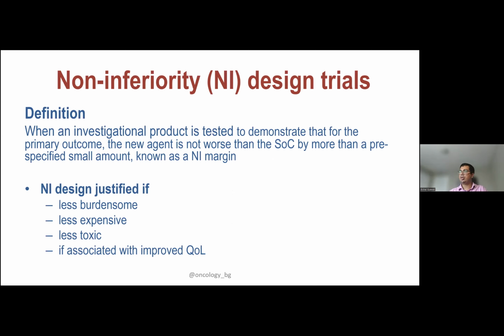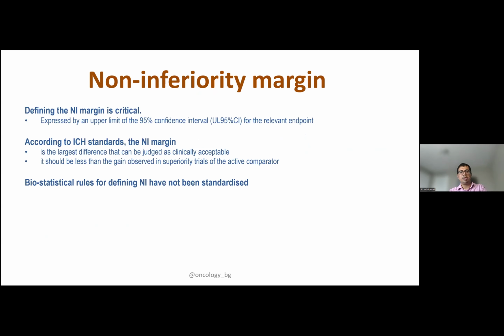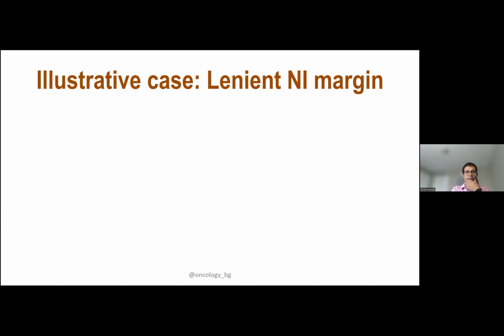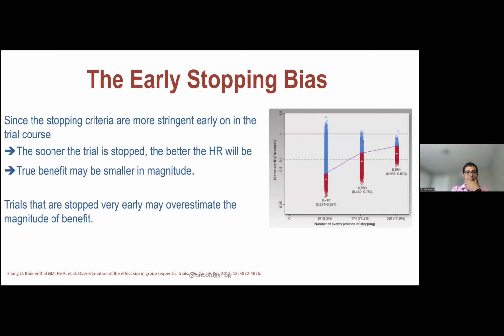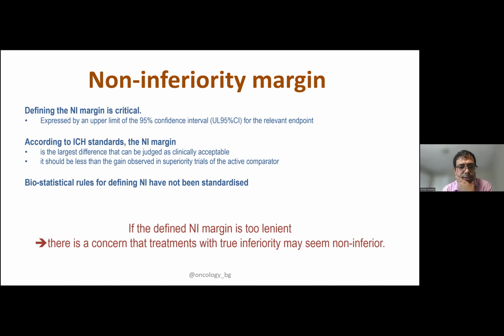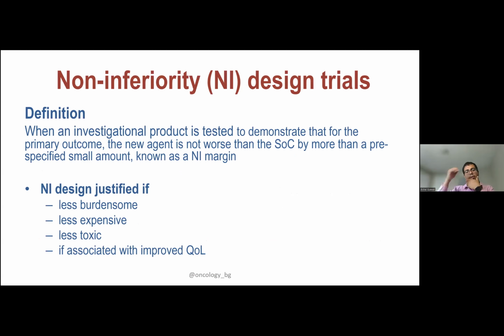Non-inferiority trials are different because they are trying to test whether or not the newer intervention is not worse than what we already have, instead of testing whether it is better than what we already have. And this is justified if the newer intervention is less burdensome, less expensive, less toxic, or improves quality of life. But we have seen that in several cases, the non-inferiority design is not justified.